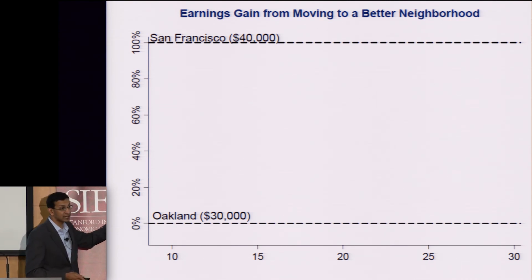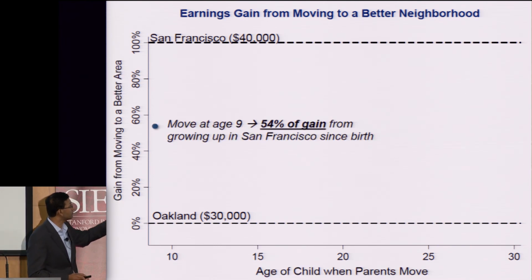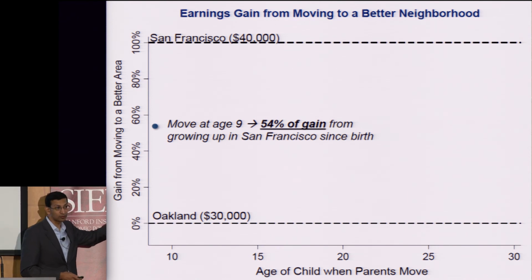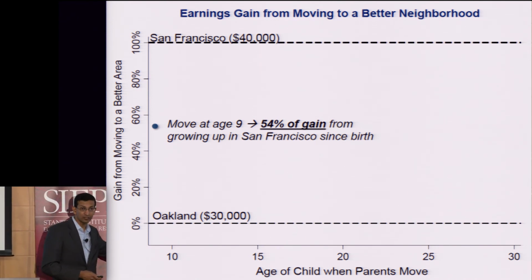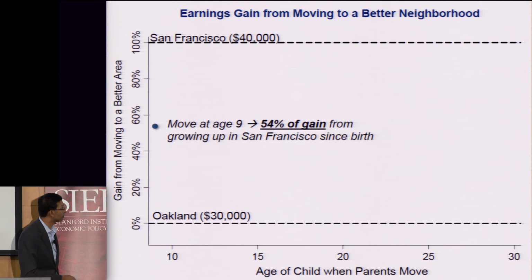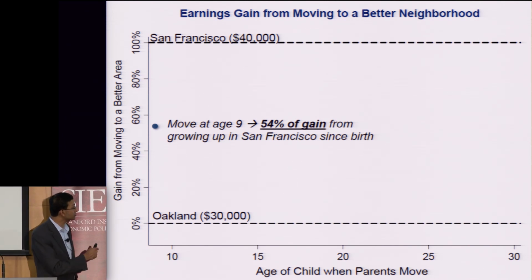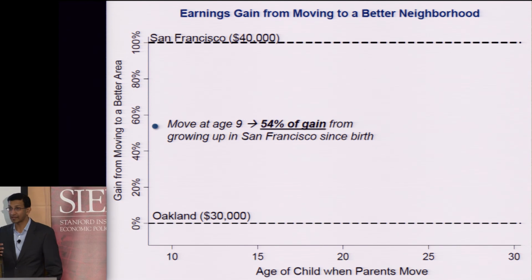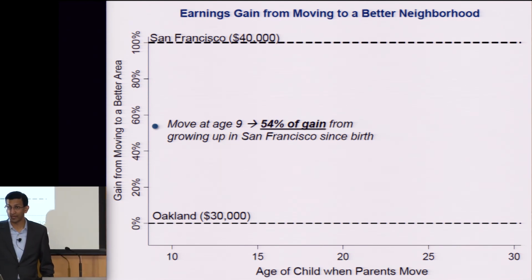So now consider a set of families that move from Oakland to San Francisco, starting with families who move when their child is exactly 9 years old. So we're going to look at this data based on the age of the child when the parents move. And we're going to start by looking at a set of families who moved when their son or daughter was exactly 9. And we tracked those children forward 21 years and measured their earnings using tax data to see how they're doing when they turn 30.